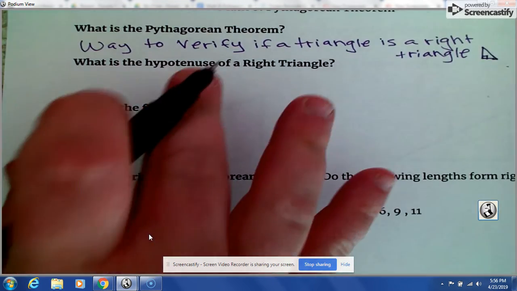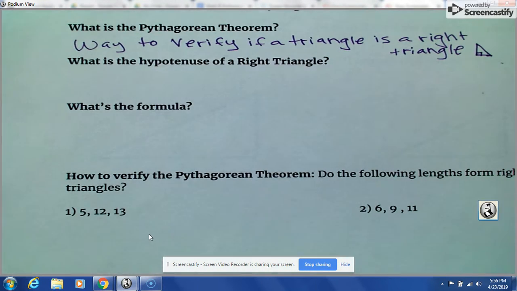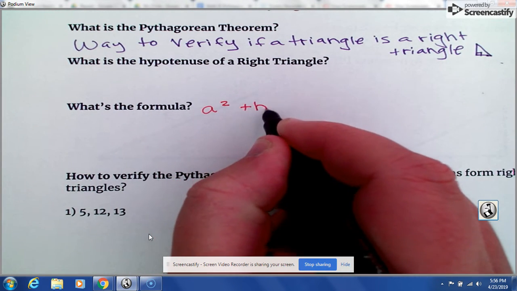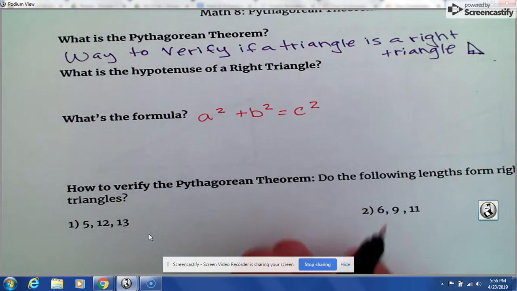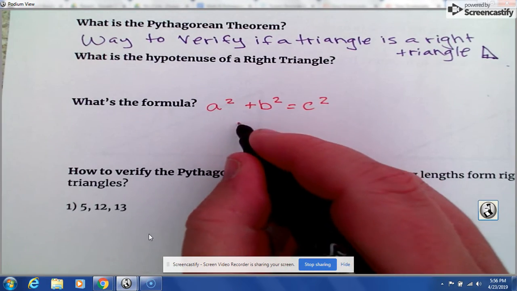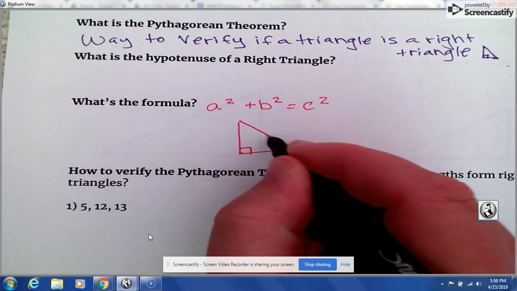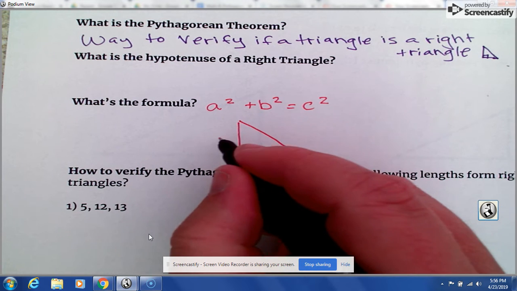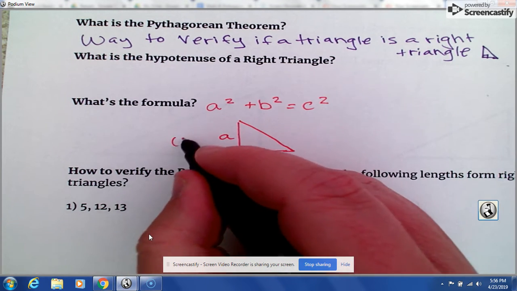So we're going to skip this for a sec. What is the formula that we use in math to verify that? Well, it's a squared plus b squared equals c squared. A squared plus b squared equals c squared. So if you had a sharp 90-degree right triangle, okay, the sides of the triangle would be A and B. Those are called the legs.